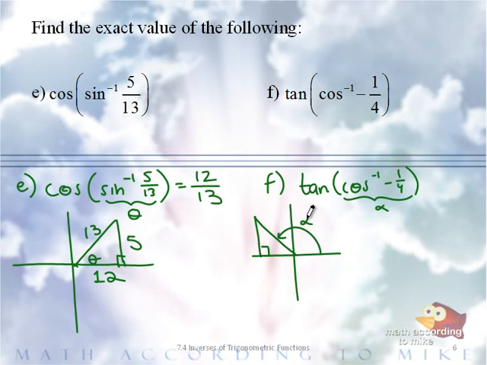Is the adjacent 1 and 4 is the hypotenuse. So now we have to figure out the opposite of the reference angle. How do we figure out the opposite of the reference angle? Pythagoras. Good. Pythagoras. You also only have the first two syllables there.